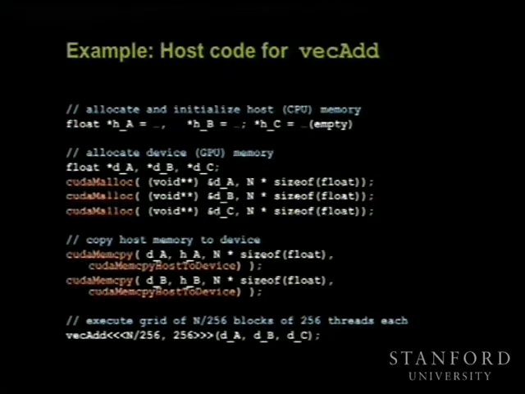You pass it a pointer to a pointer, a void star star, and the size. The size again is just in bytes, the same way as for normal malloc. You pass it directly the pointer where it's going to put the base pointer.